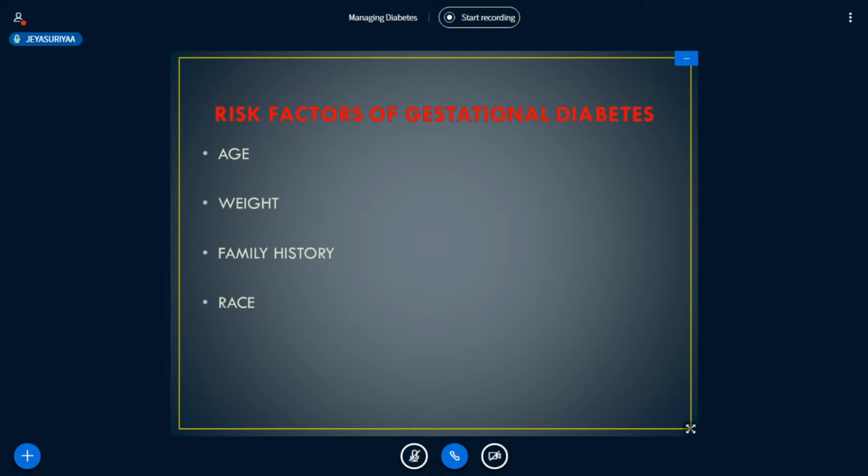Risk factors are mentioned in the slide: women older than 25 are at increased risk, and the risk increases if the woman is pre-diabetic, a precursor of type 2 diabetes, or if a close family member such as a parent or a sibling has type 2 diabetes. You're also at greater risk if you had gestational diabetes during a previous pregnancy.